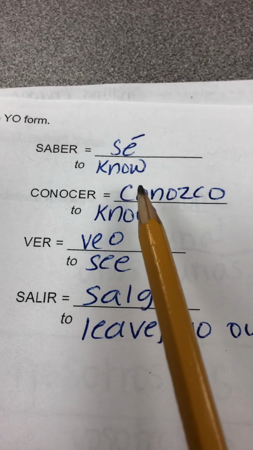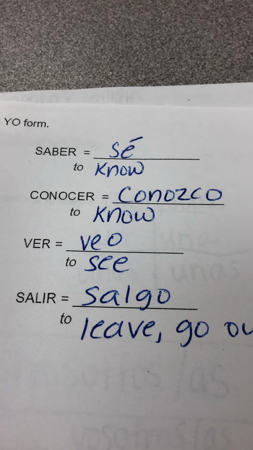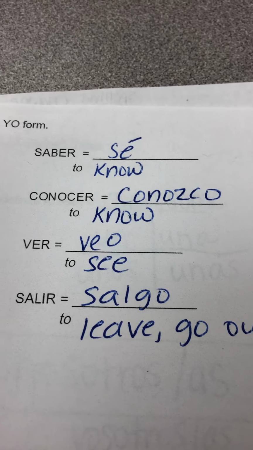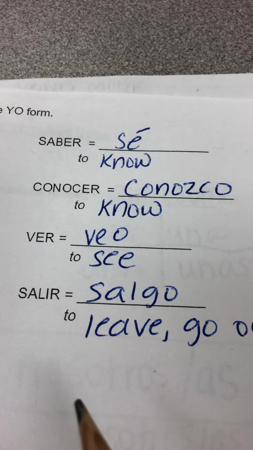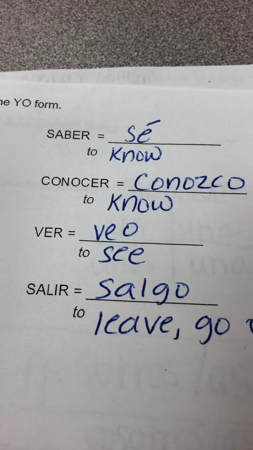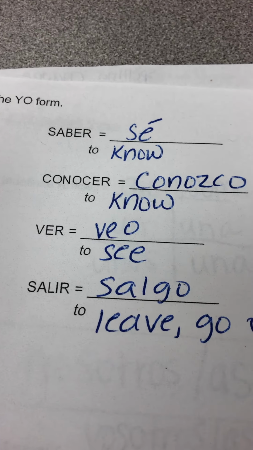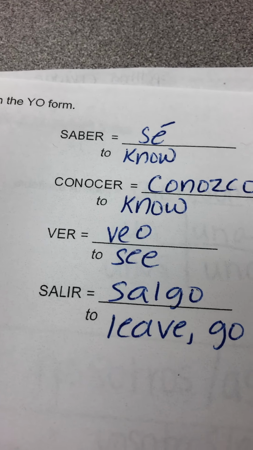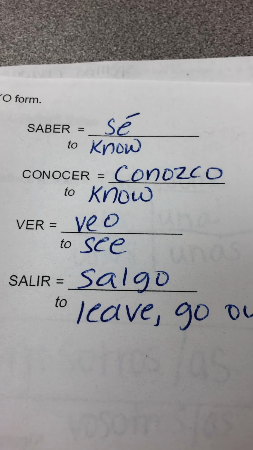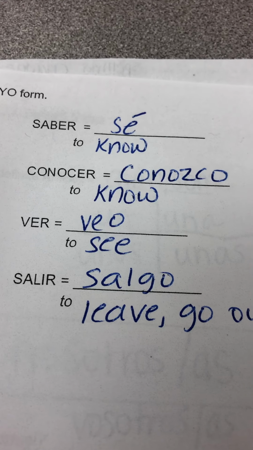Again, the rest of the forms are normal: you chop and add your endings. If you're confused, you can always Google present tense of saber, and Google will tell you all six forms. Present tense of conocer, in Spanish, it'll tell you that. So if you want to see it in a chart, you can certainly Google it.